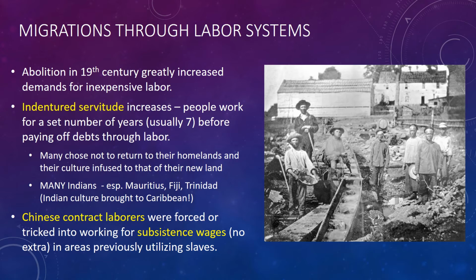As our next group is as well, and these are Chinese contract laborers. Now, you could have many different kinds of contract laborers, but the biggest group of contract laborers were the Chinese. Probably second to that would be the Japanese, who are going to go out into the Pacific and work on plantations out in Oceania.